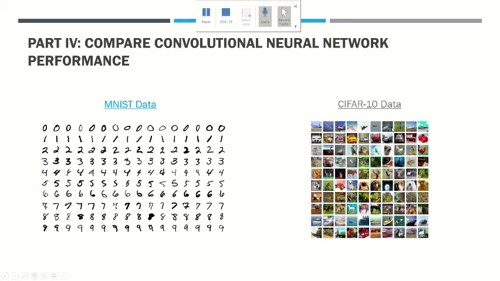So it doesn't really make it too complex since they're kind of rasterized images that are just static. On the other hand, in the CIFAR-10 data, we have images such as planes and different animals, and the background isn't consistent like it is in the MNIST data. So it's harder to classify, since all these planes in the first row are all planes, but the background is different in each one of them.